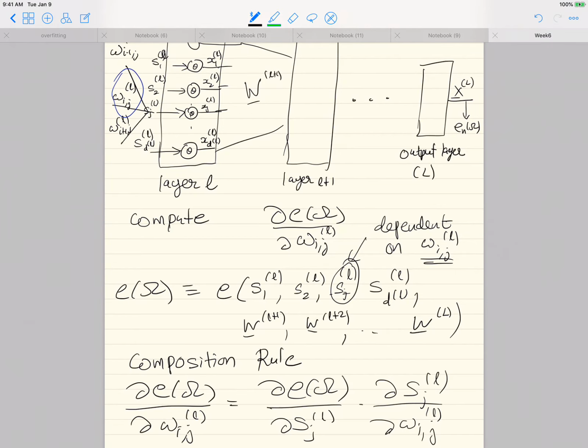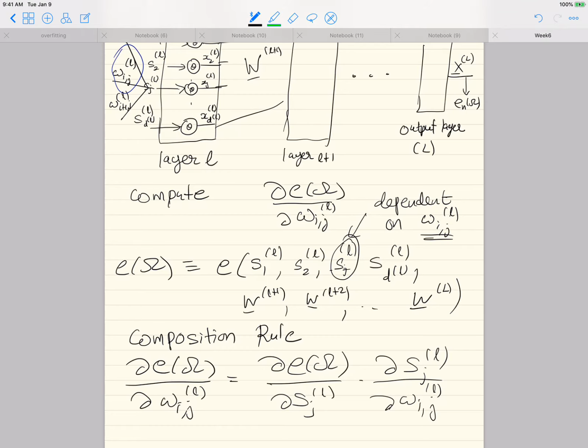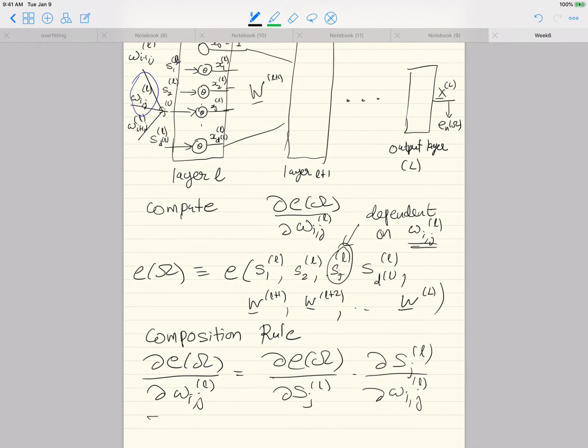Do look at all the questions that were asked, because many of them make sure you understand how this particular chain rule is applied and how the partial derivatives are correctly calculated. It's all about that. Any questions? Is everyone okay with this step?